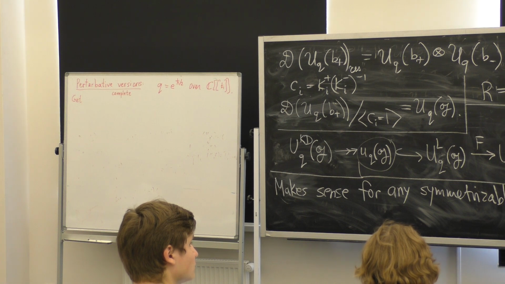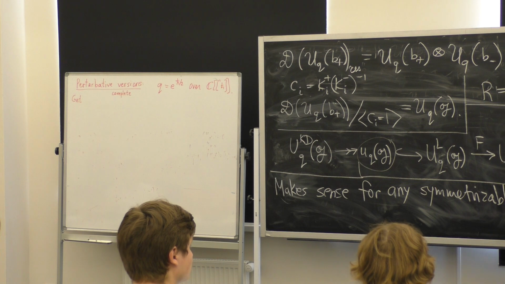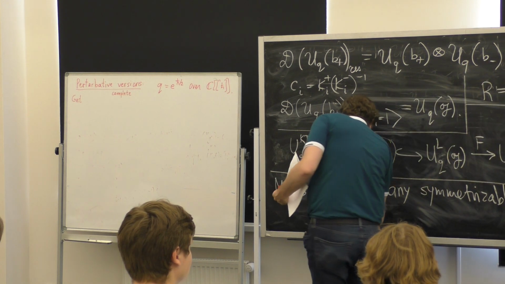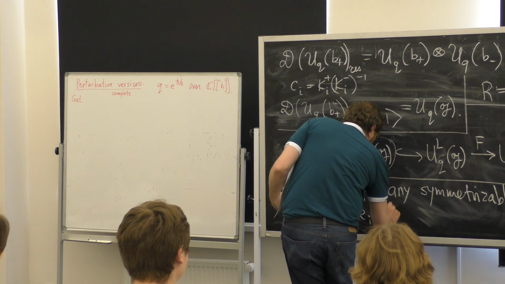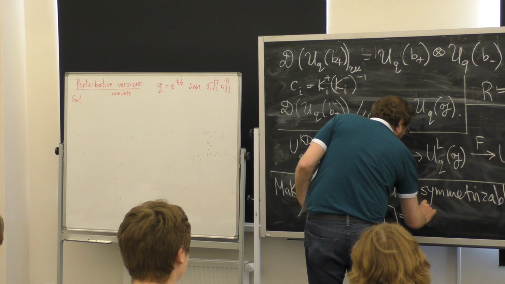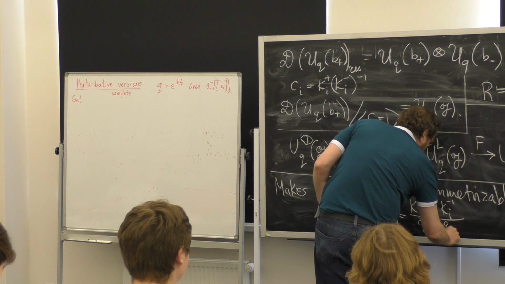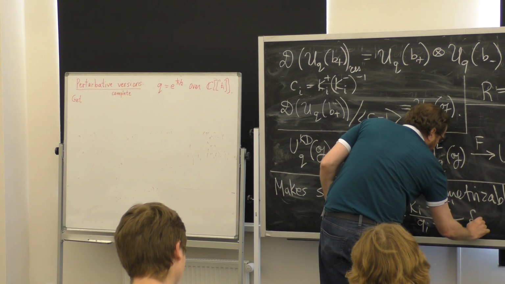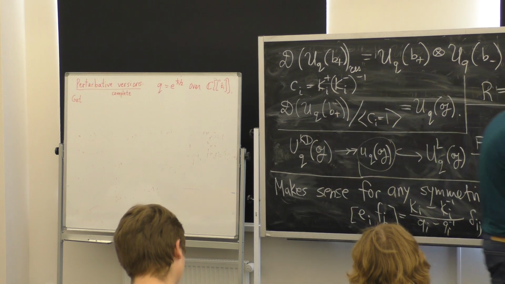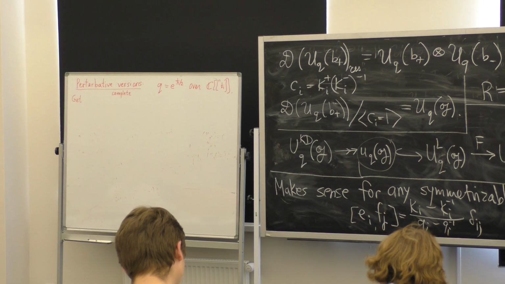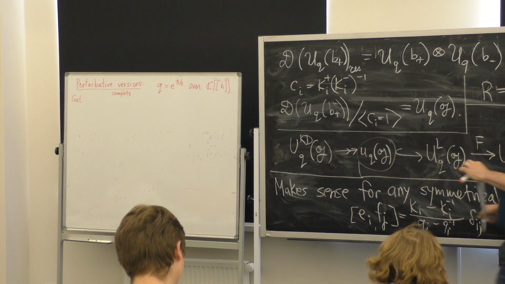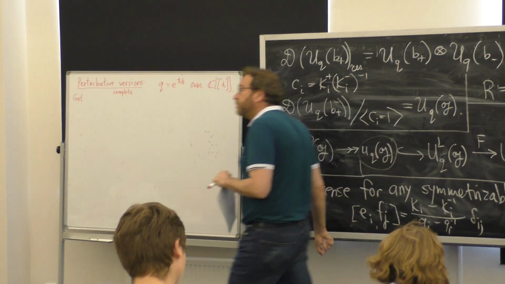And then the only linking relation that you will get is that e_i with f_j is going to be (k_i minus k_i inverse) over (q_i minus q_i inverse) times delta_ij. Otherwise, it's just going to be a second copy. There will be the same relations for f's as for e's, including the Serre relation. And this relation comes from the definition of the quantum double.